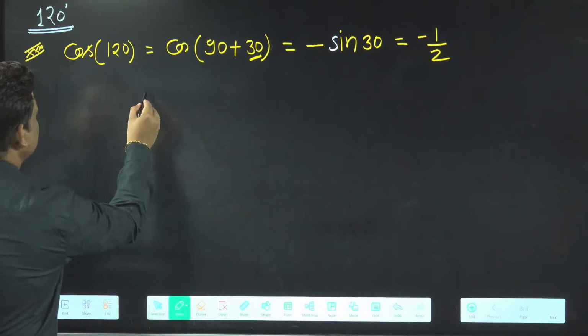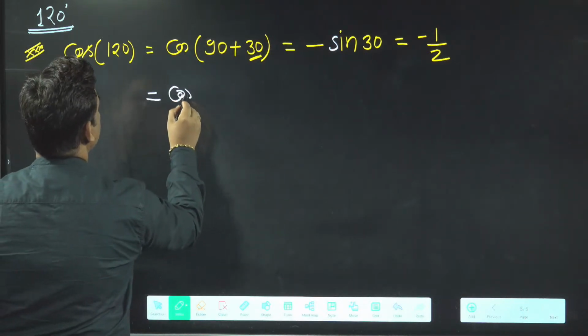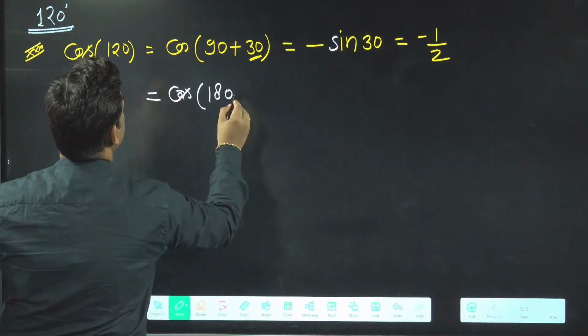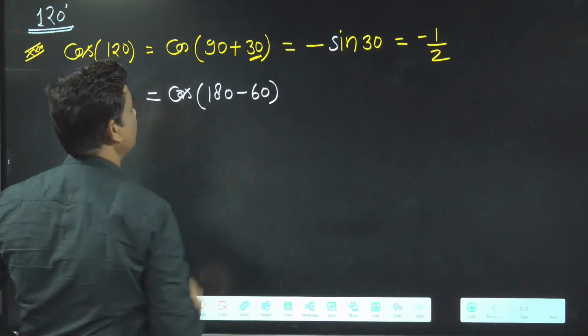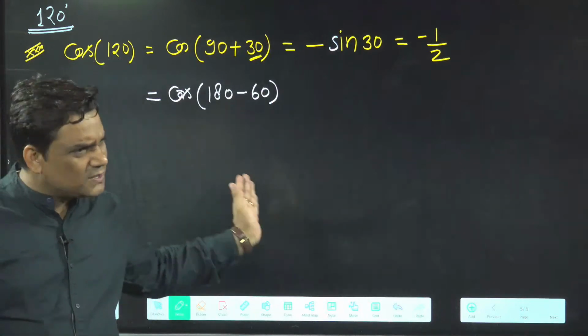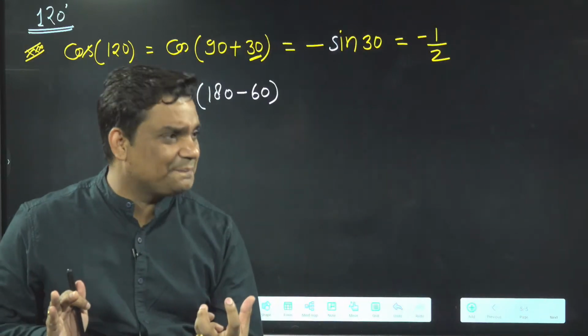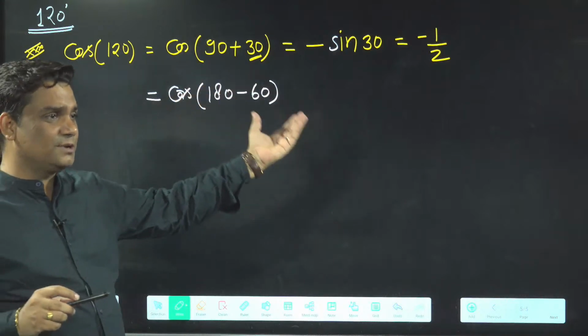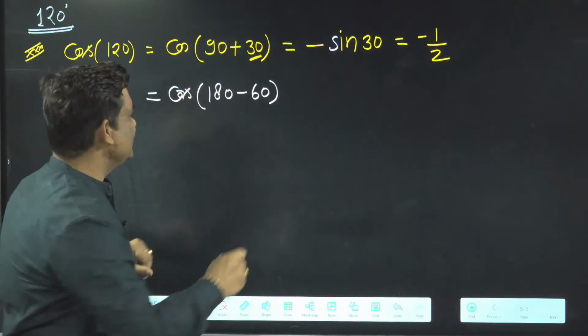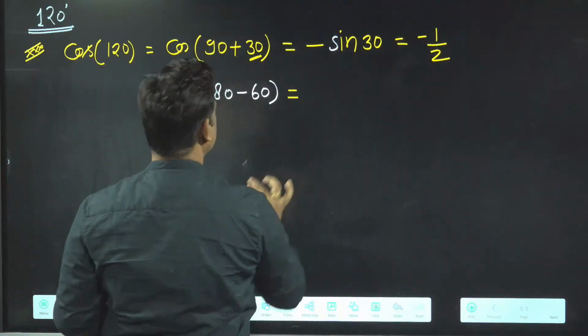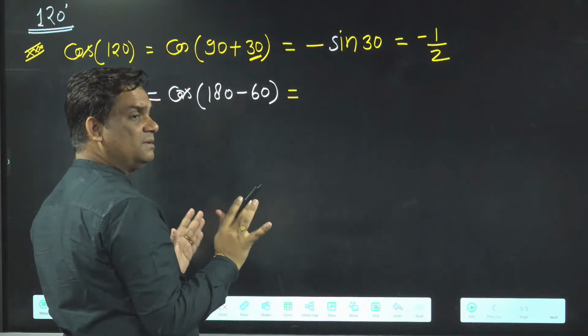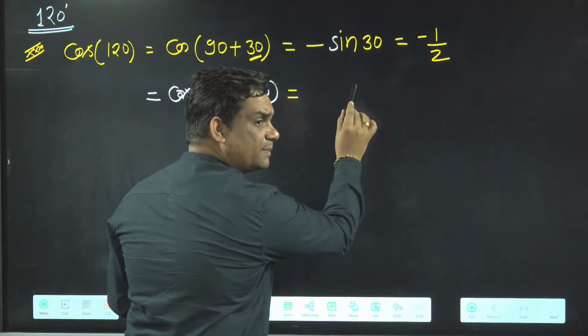Now, someone will say, sir, I will not do it like this. I want to write 180 minus 60. Someone was asking, sir, when will we write plus, when will we write minus? You can write 180 minus 60 also, because you know 180 minus 60 is also 120. So according to this also, the quadrant will remain the same. So is it going to be plus or minus?